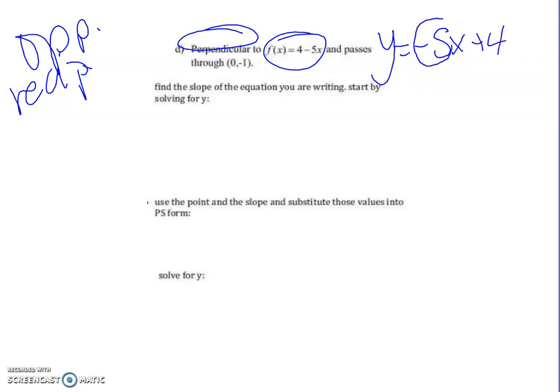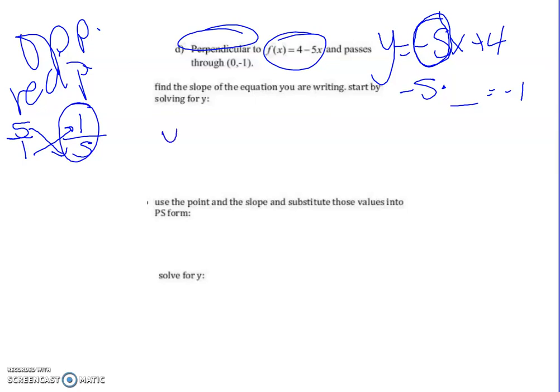So it's very easy to see that we're looking for whatever negative 5 times what gives me negative 1. Remember, for reciprocals, we flip the fraction, and this is the opposite sign, so the slope we're looking for is 1/5.